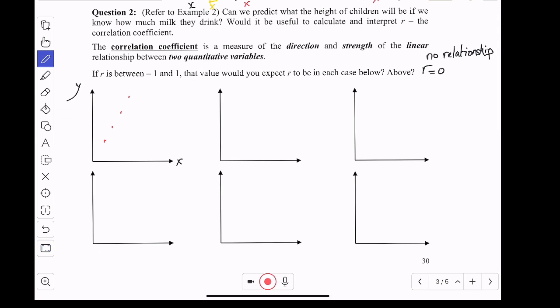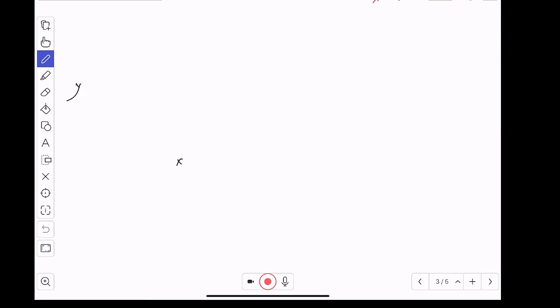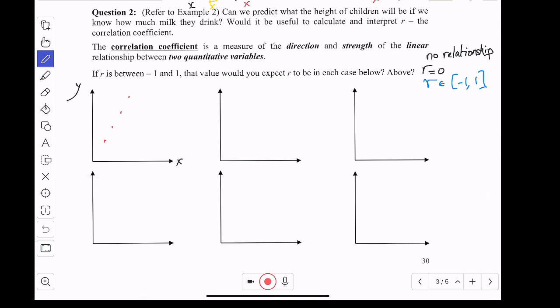So the range of R goes from -1 to 1. The most positive it could be is the strongest it could be. So this is strong in the sense that, oh, I'm a little bit off.